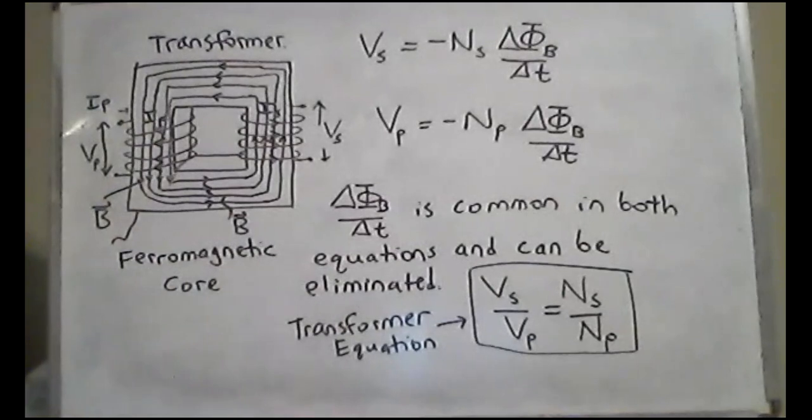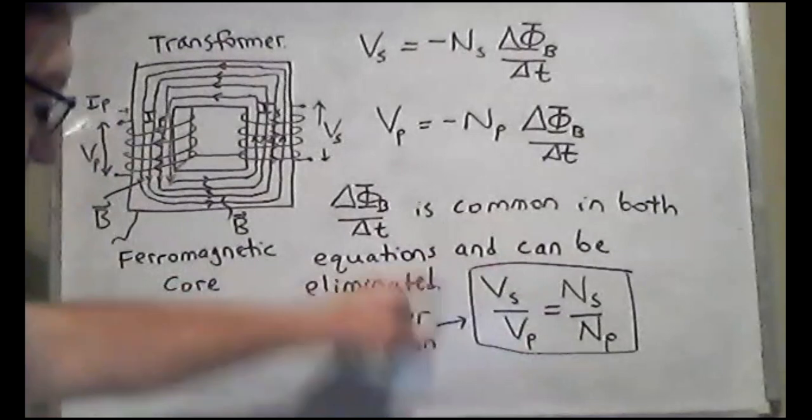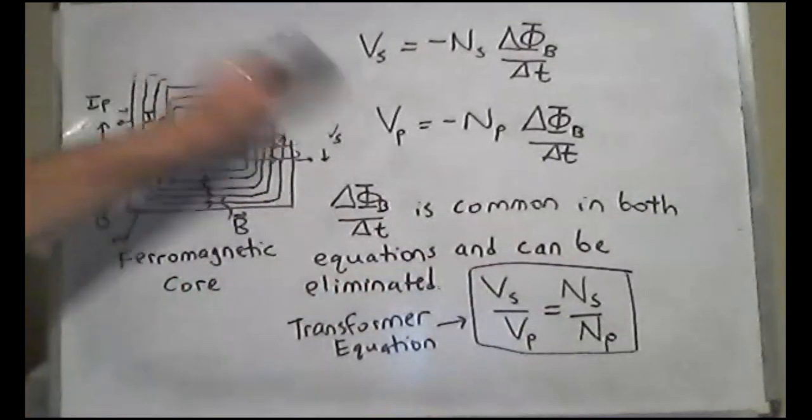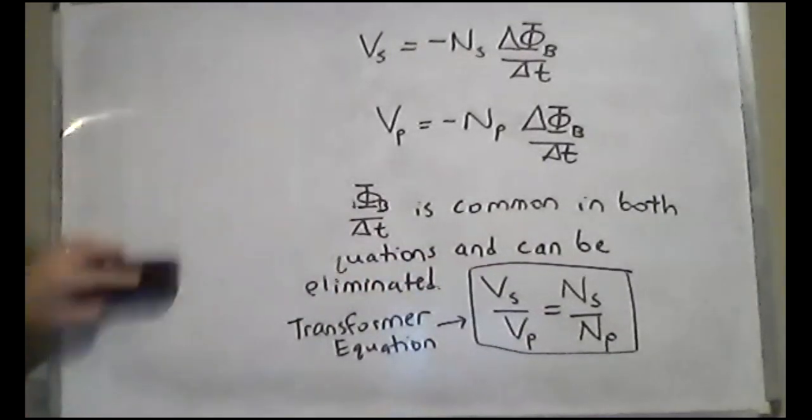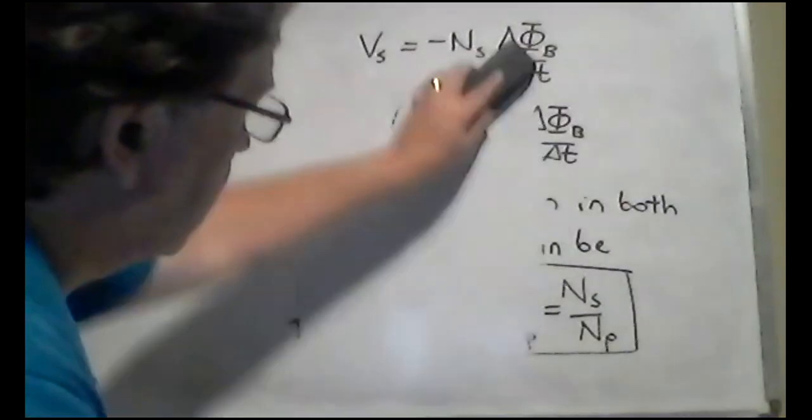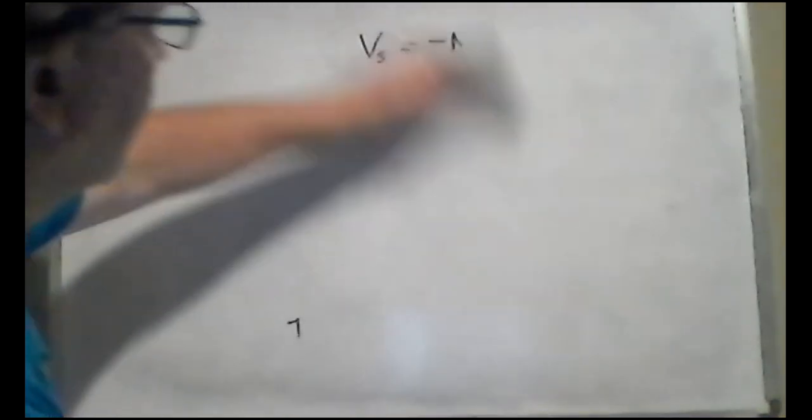So a step-up transformer is one where you have a primary voltage and you want a larger secondary voltage. A step-down transformer is when you have a certain primary voltage and you want a lower secondary voltage. So let me erase all of this. This is what we're after here: the step-up and the step-down transformer.